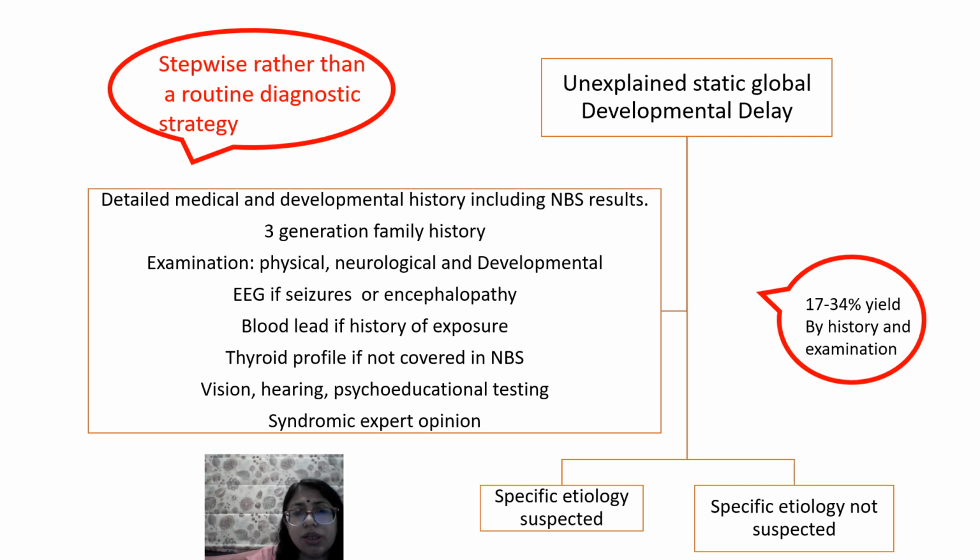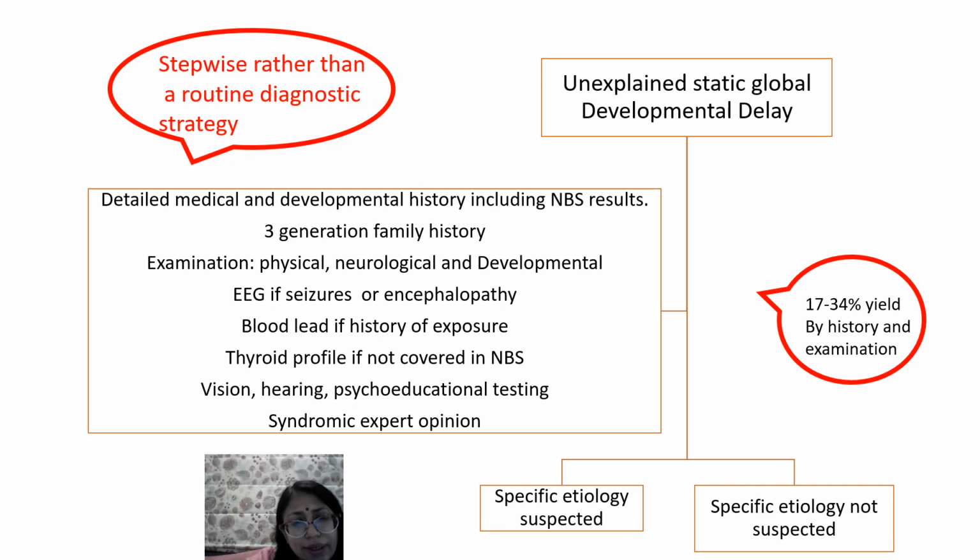So in this history, we take all the history as we have discussed so far, including the newborn screening results and the family history, the physical, neurological and developmental examination. So these three parameters are going to tell us the cause in 17 to 34%.